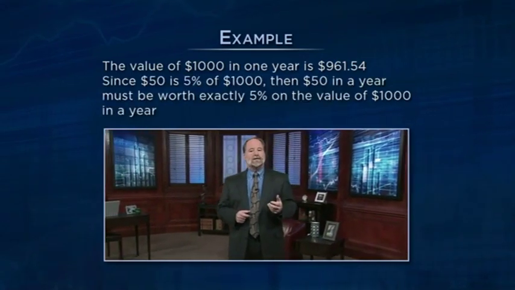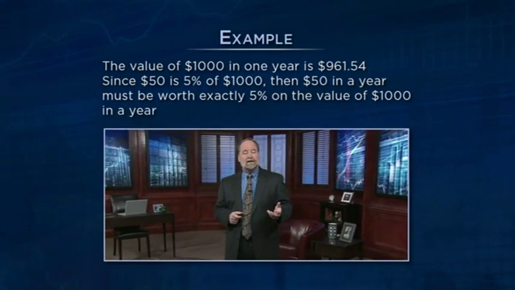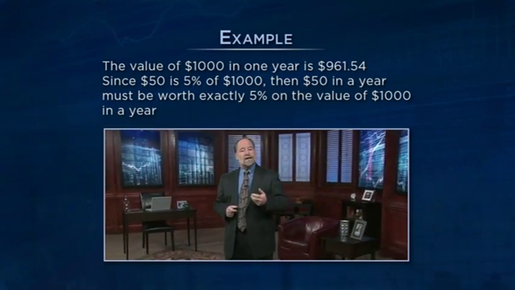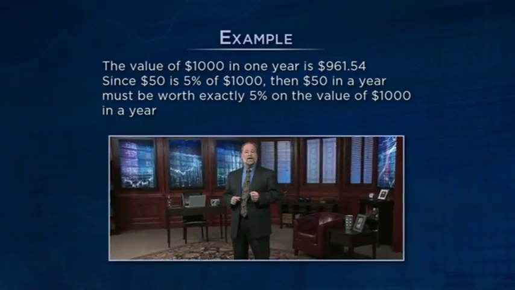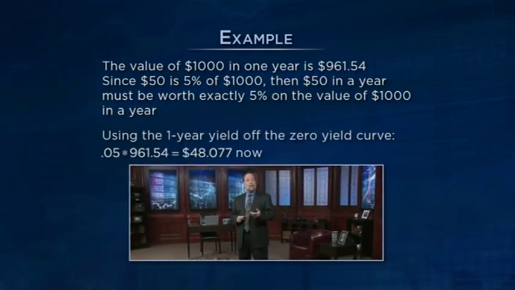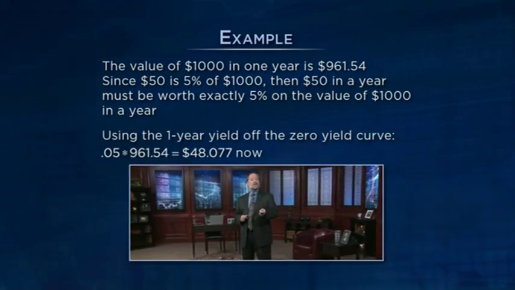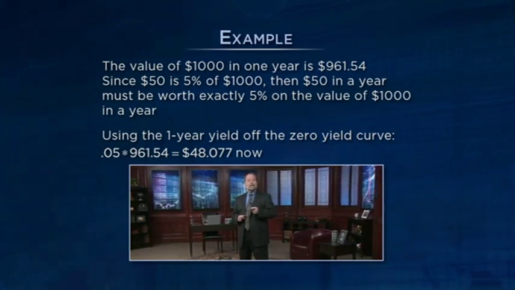Given that, what must be the value of $50 in 1 year? Well, since $50 is just 5% of $1,000, then $50 in 1 year must be exactly worth 5% of the value of $1,000 in 1 year. That is, 50 in 1 year is worth 0.05 times $961.54. That's equal to $48.077.